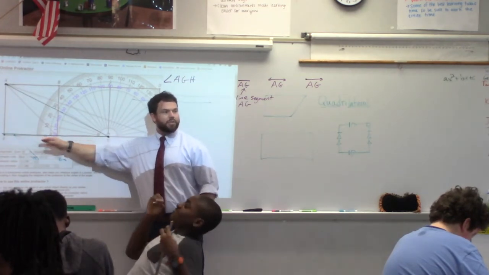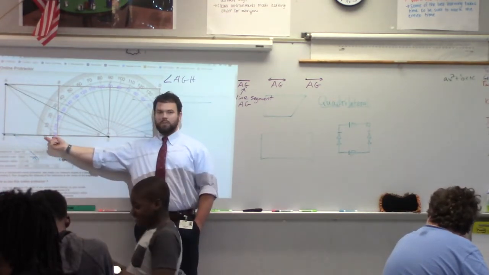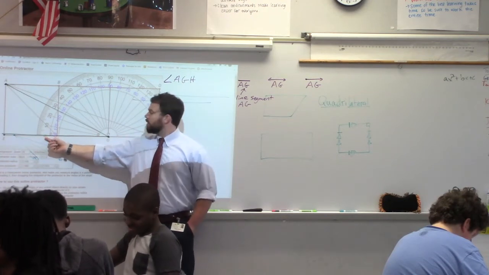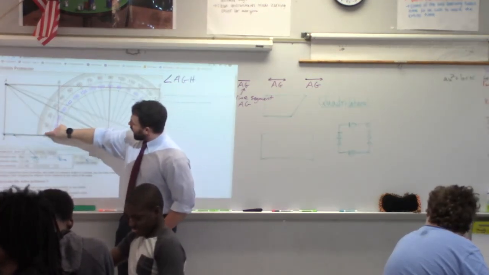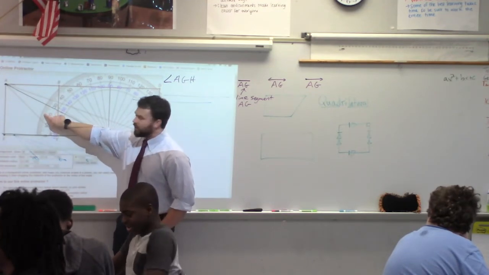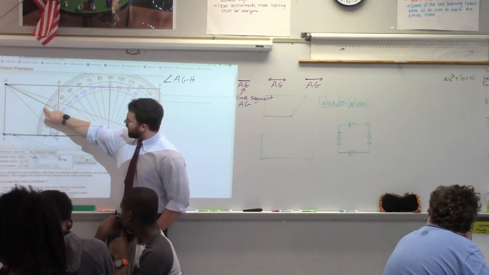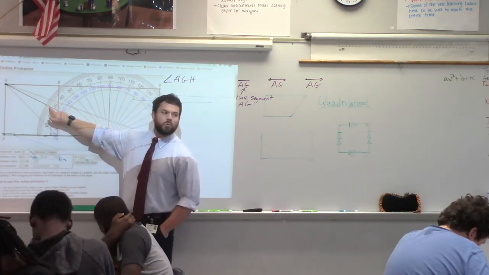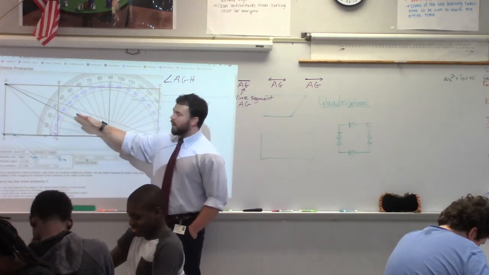You have to make sure that one side lines up on a 0 degrees. From there, you go up to the angle that you're trying to measure. So it's kind of hard to see, but here's 20 degrees, right? So what, any guesses what this longer line right here in the middle is? 25. So 25 plus 2 more would be 27. And so that's how I'm going to measure my angles.